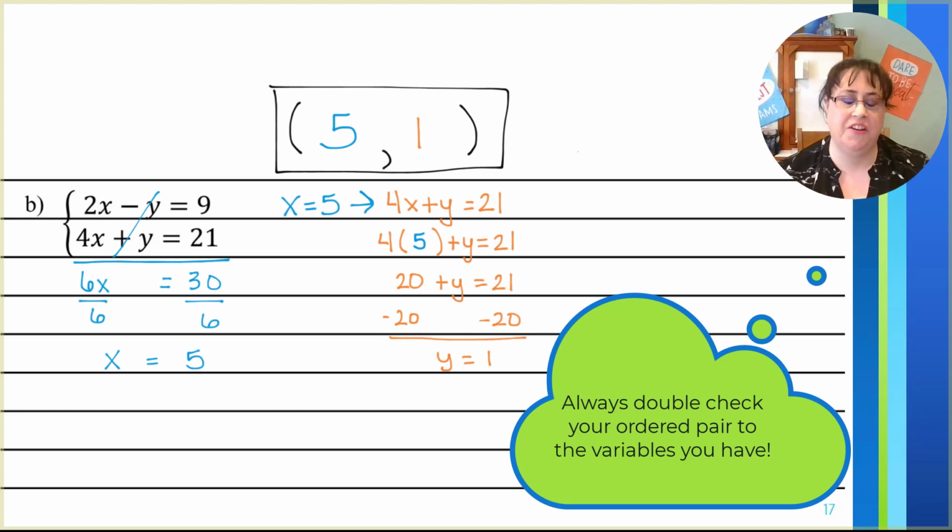Always double check your answers. Look at that, make sure x went to x and y went to y. The reason I caught it was I double checked: x is 5, y is 1, and I made sure I'd put the right thing into the ordered pair. Always double check your answer. X was 5 and y was 1. So the ordered pair, 5-1.